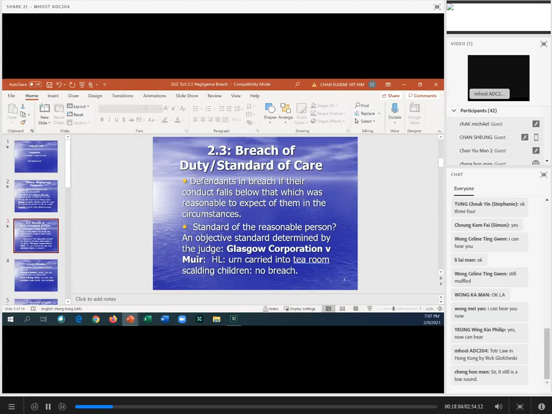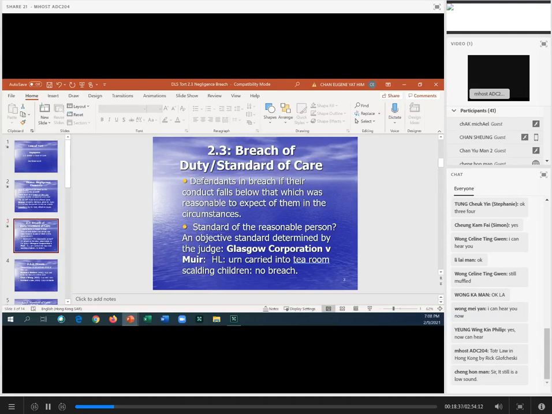Glasgow and Muir, a must-know case. In Glasgow and Muir, remember, the tea was spilt on some children, and the owner of the property was sued for negligence. Was a duty of care owed? Yes, it was. But was there breach? That was the question. And the court said you couldn't expect the defendant in the circumstances to take all necessary steps to make sure nobody was ever injured at any time.